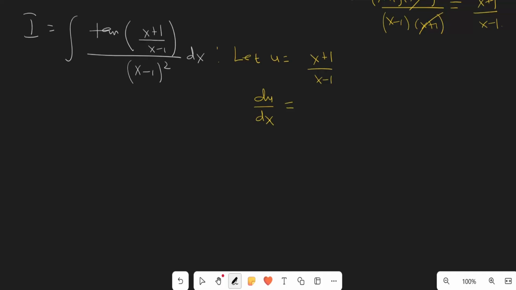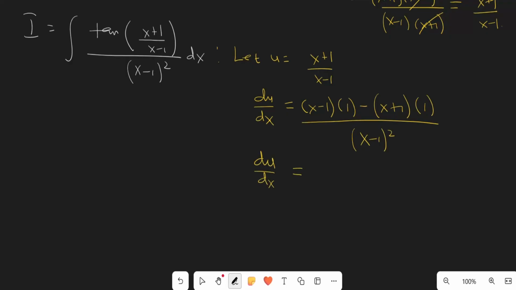So this is the quotient rule: keep the denominator constant and differentiate the numerator. Differentiating x plus 1 is just 1, minus, keep the numerator constant and differentiate the denominator. Differentiating x minus 1 is just 1, divided by the denominator squared, (x minus 1) squared. So du dx is what?